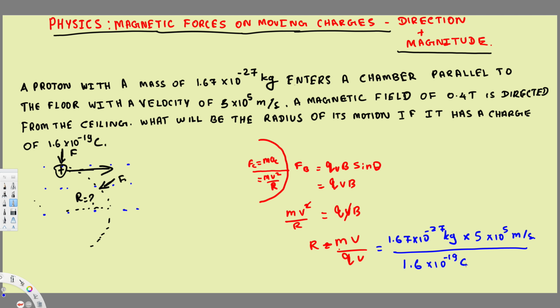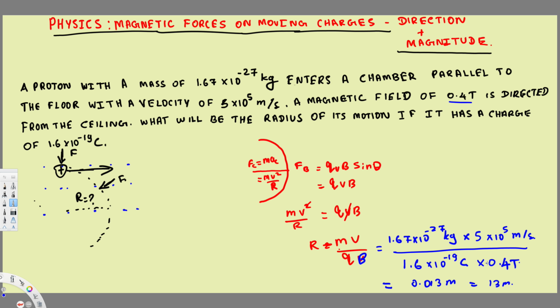This is B, and B is 0.4 Tesla, which is provided. If you calculate this value, that's going to give us 0.013 meter. This is the same as 13 millimeter.